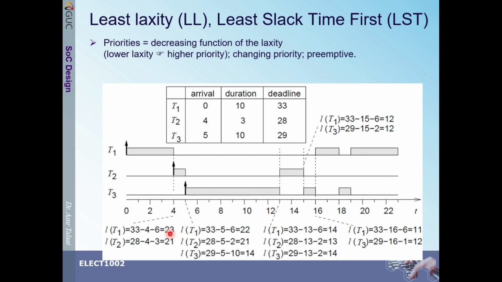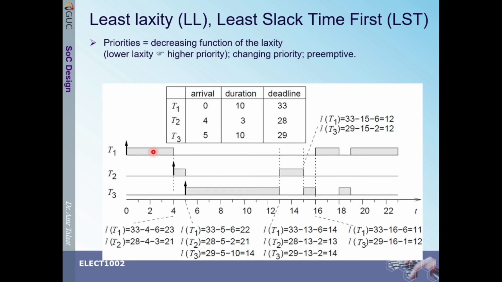This is the laxity I have. But think about this, the deadline of task 2 is 28, minus 4, which is the arrival time now, minus 3, because I didn't execute anything of this task, then the laxity will be 21 only.